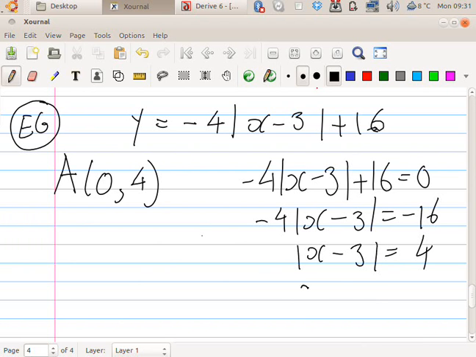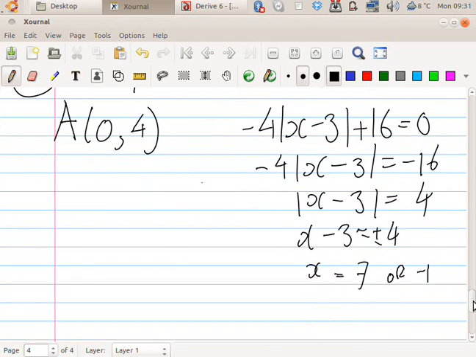Plus or minus 4. Whoops, there's an equals there. Plus or minus 4. So 3 plus 4 is 7, and then 3 minus 4 is minus 1.